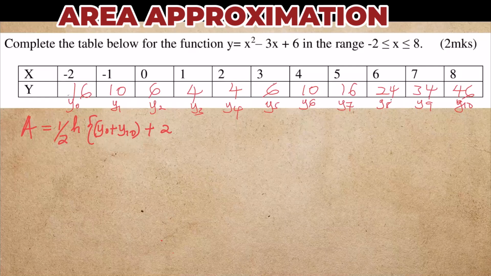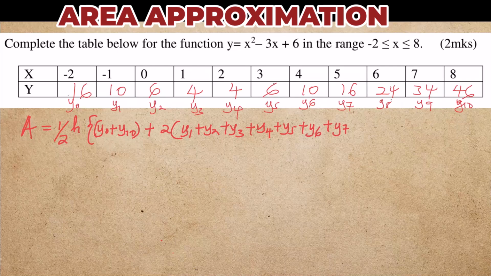Y10 is the last height. So the first and the last. Then plus twice all the others that are in the middle from y1 to y9. So from y1 plus y2 plus y3, you add them, plus y4 plus y5 plus y6 plus y7 plus y8 plus y9, like that. So that is the trapezoidal rule.